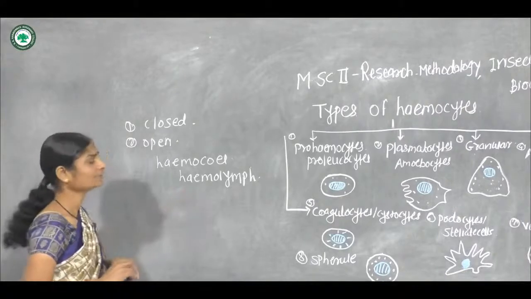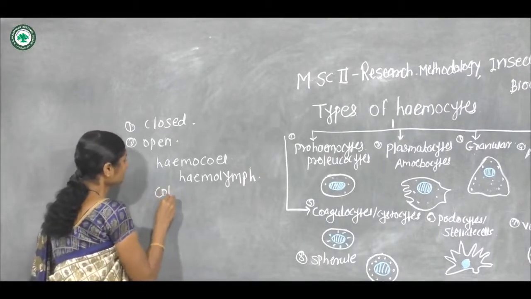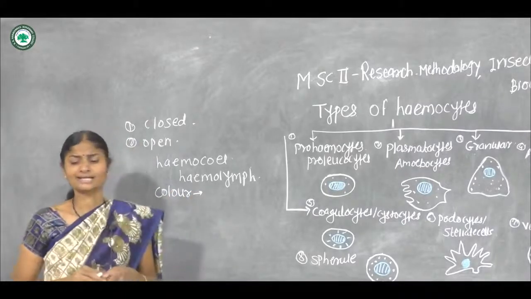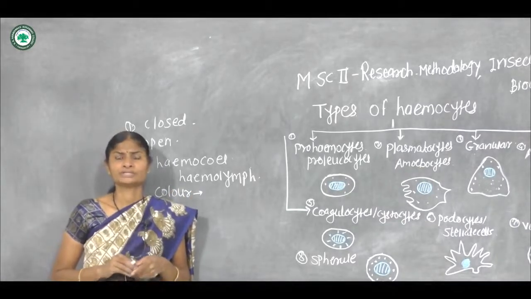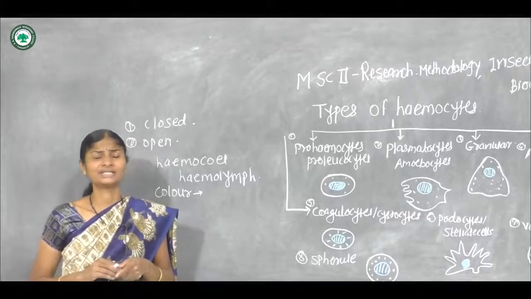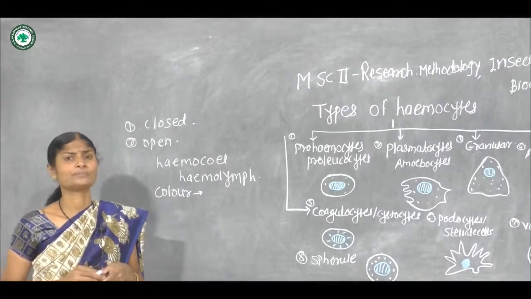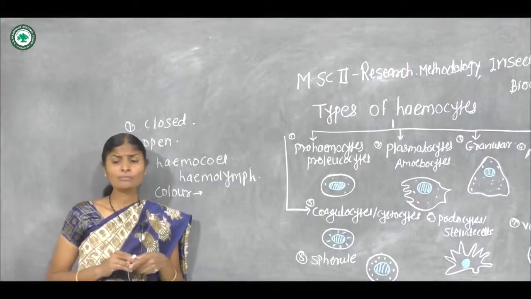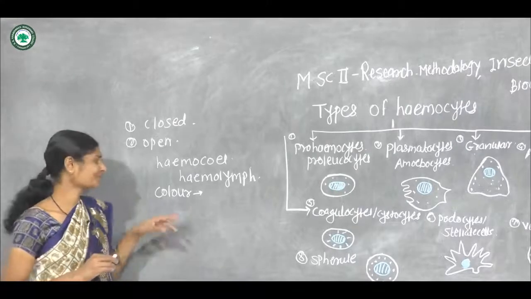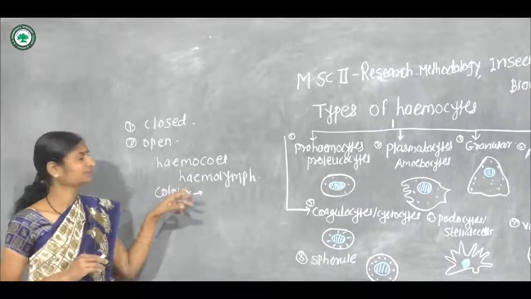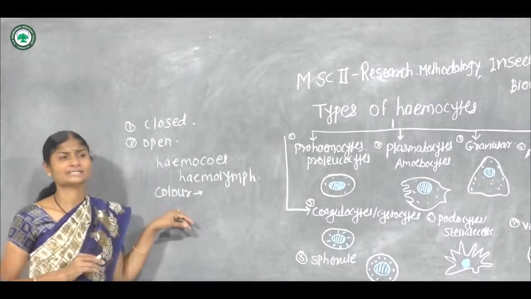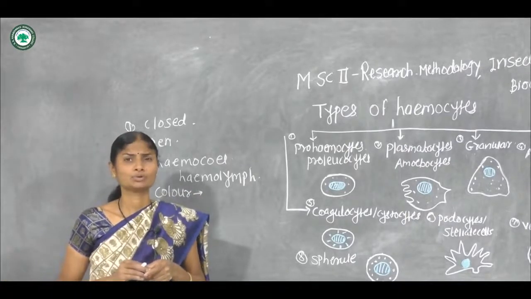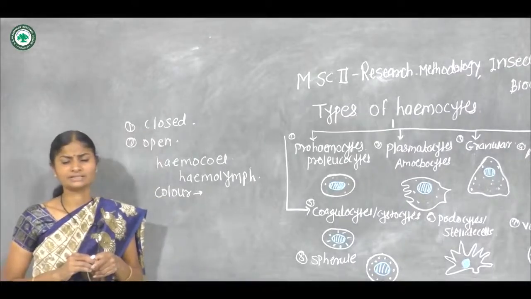The hemolymph is white or a colorless fluid, sometimes greenish or yellowish, containing a large number of hemocytes of varying shapes and sizes.